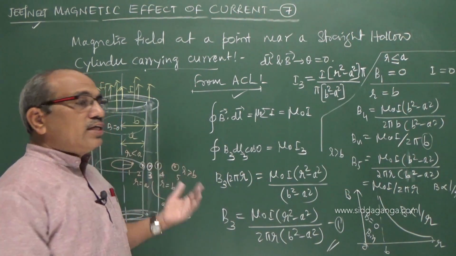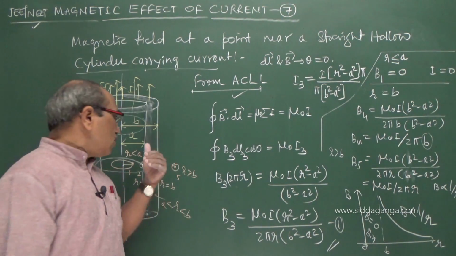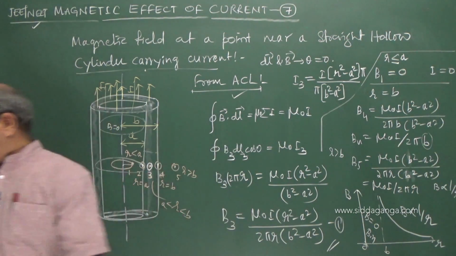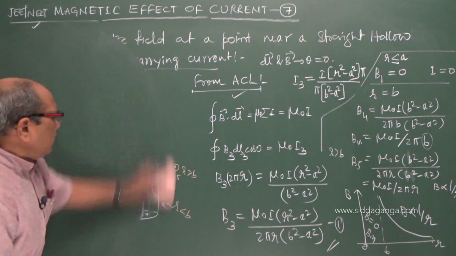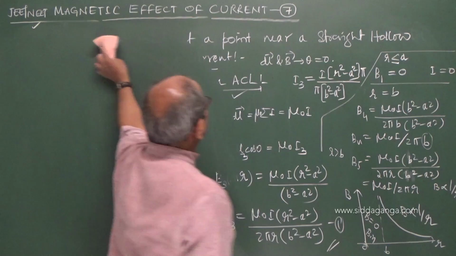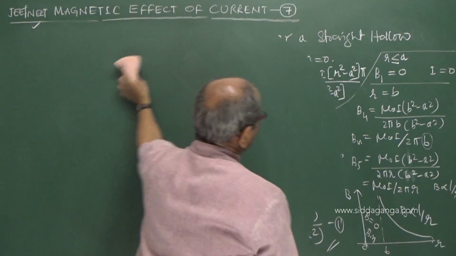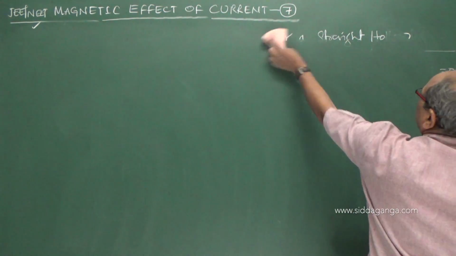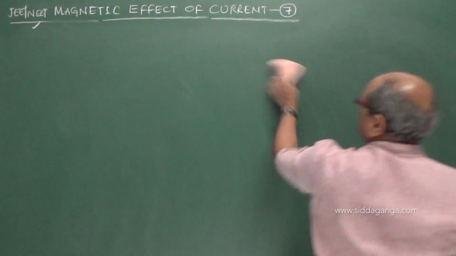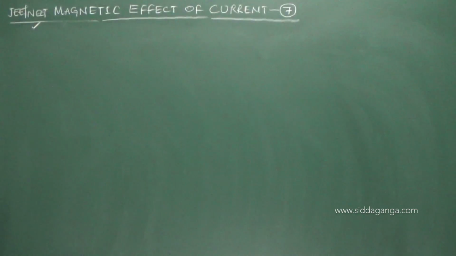But a solid cylinder carries the magnetic field even inside, but in the hollow it is not present. So these relations are most importantly required for the entrance exams, and this derivation and explanation is not necessary for the board examination, but more important towards the entrance.